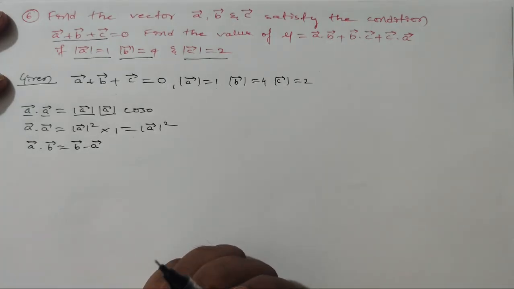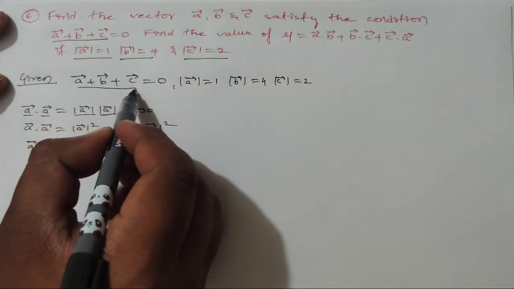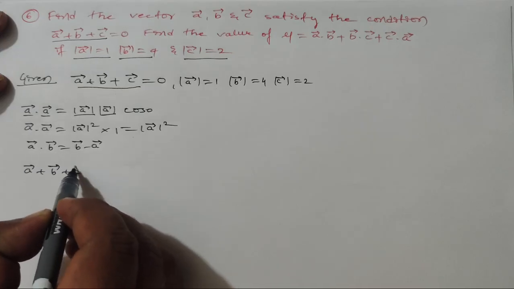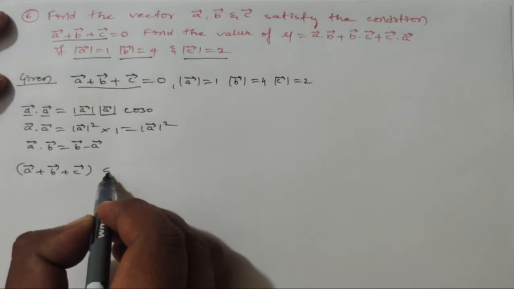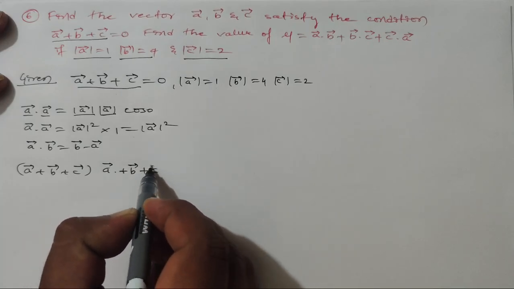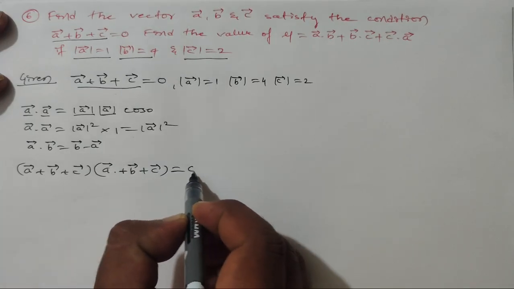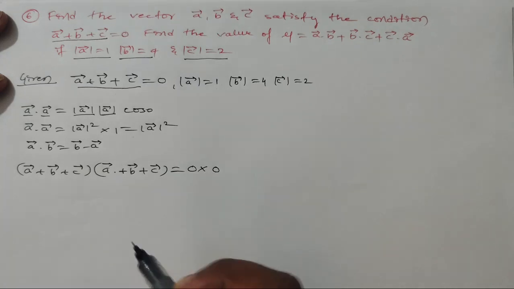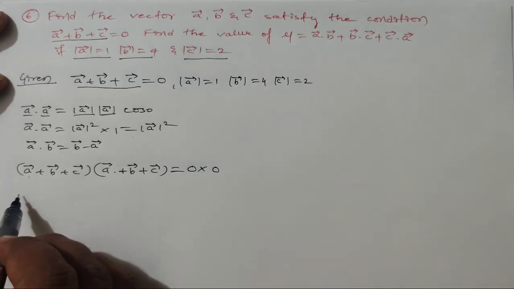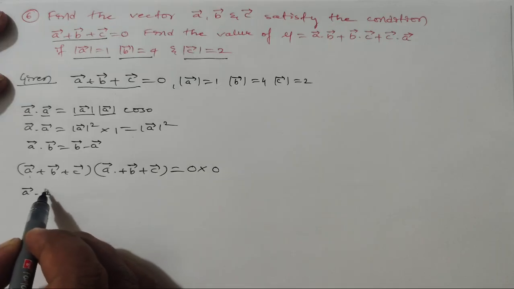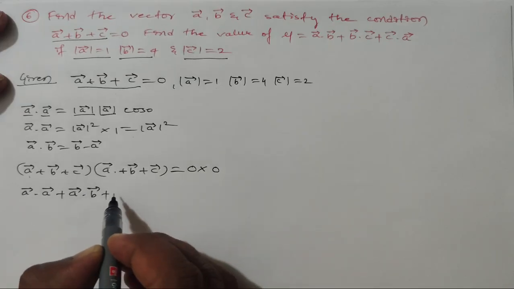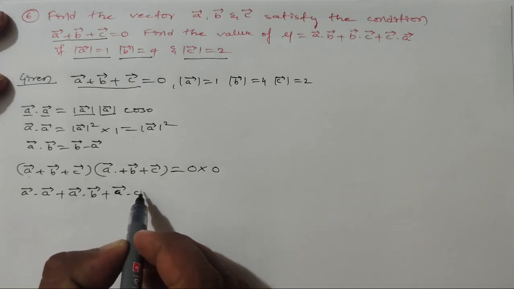You can write that. Okay, right. See, the given a vector plus b vector plus c vector is there. I will multiply by the same vector, a vector plus b vector plus c vector, equal to 0 into 0, right? 0 into 0. Okay, so I'll multiply by each term. Then that is equal to what? a vector dot a vector plus a vector dot b vector plus a vector dot c vector.